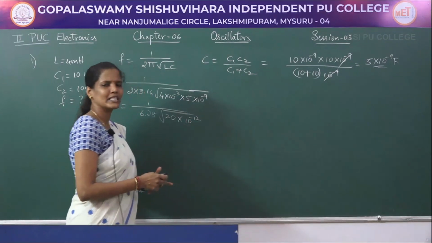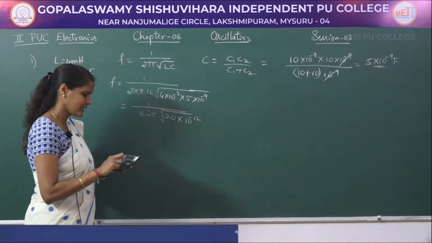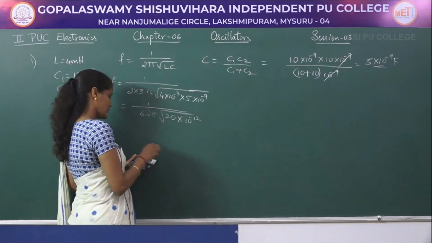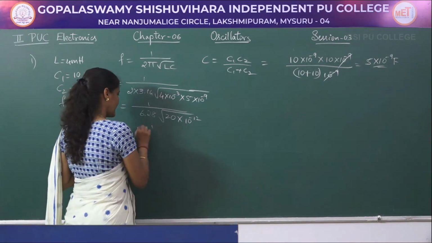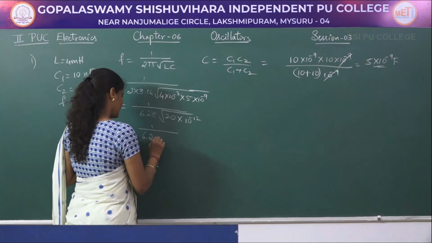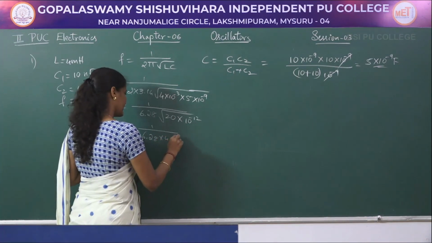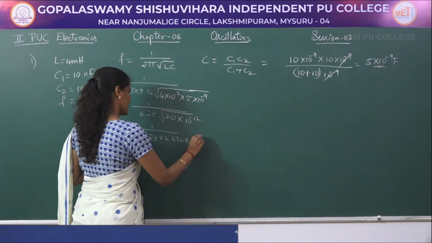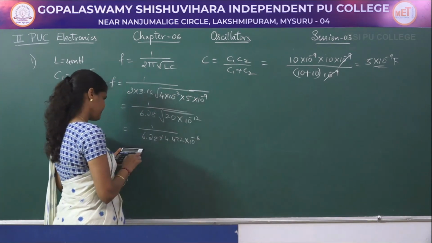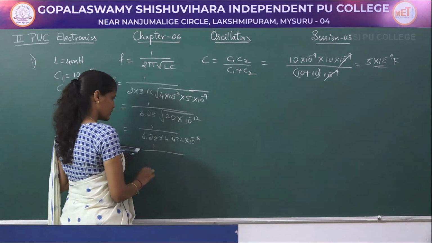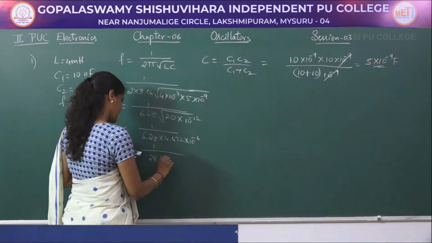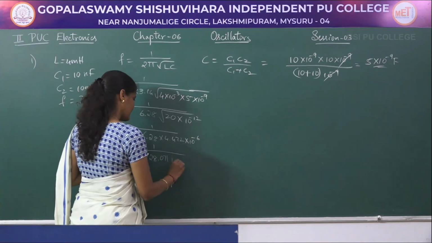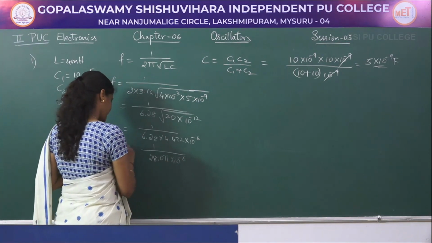So half of this gives me the exact value, that is 6. So I need not shift any of these points. Root of 20 is equal to 1 divided by 6.28 into 4.472 into 10 to the power of minus 6. So 1 divided by 6.28 into 4.472 gives me 28.071 into 10 to the power of minus 6. This is equal to the frequency.